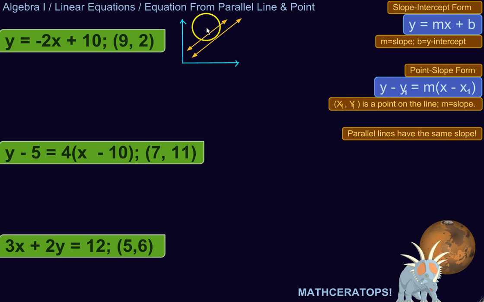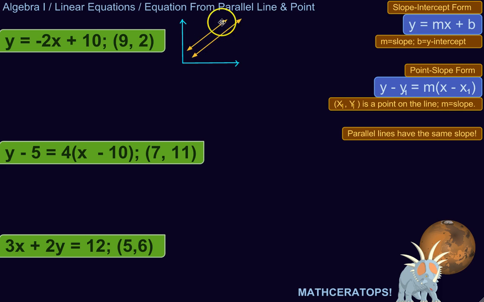I've got two lines that are parallel, which means that they never cross. They go off into infinity in this direction and this direction, but their paths never cross, so they're parallel.